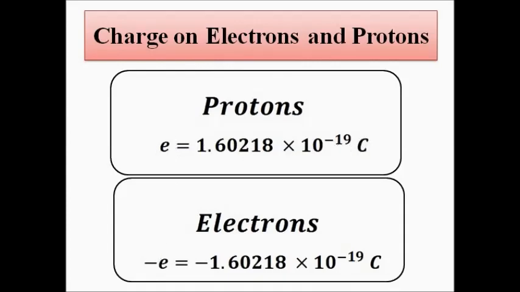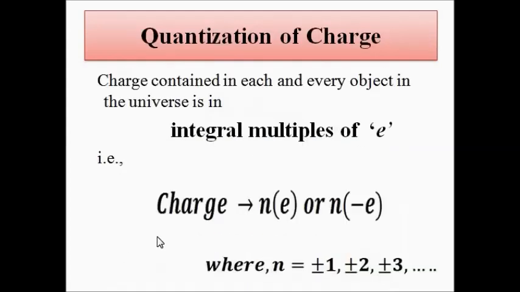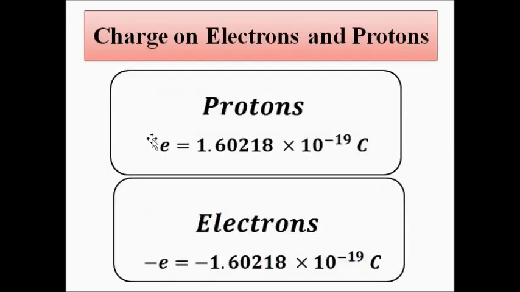Another important concept associated with charge is that charge is always quantized. Each and every object present in the universe will always have an amount of charge in terms of integral multiples of e, the standard electronic charge.